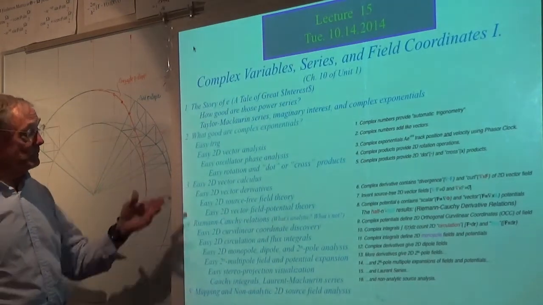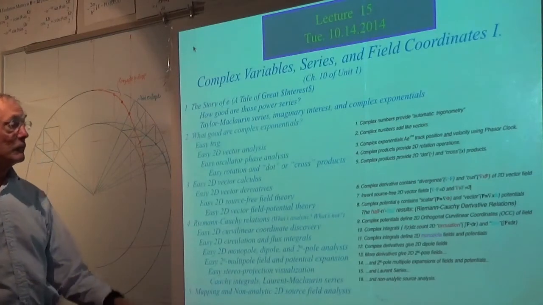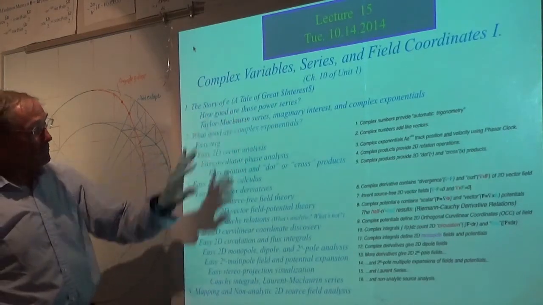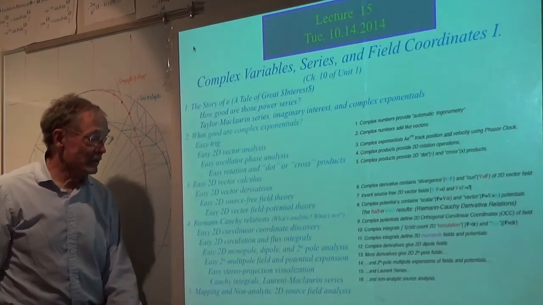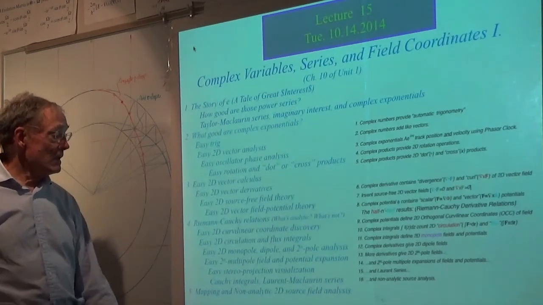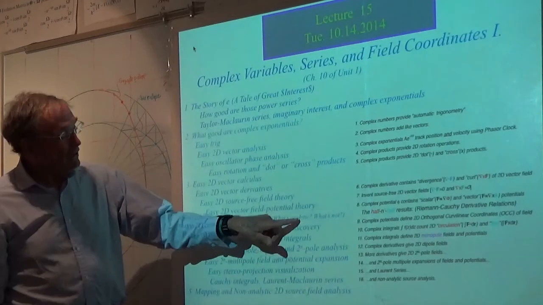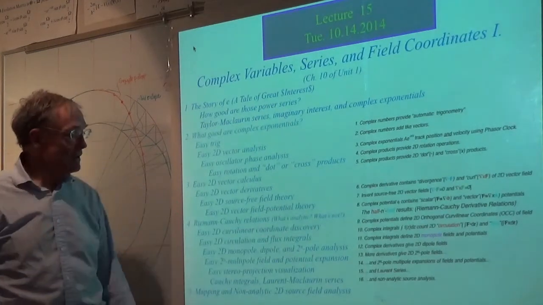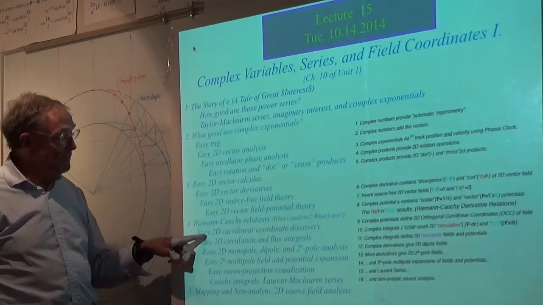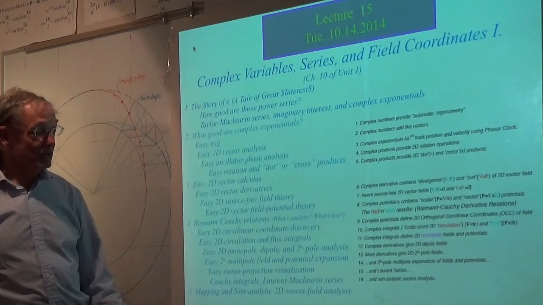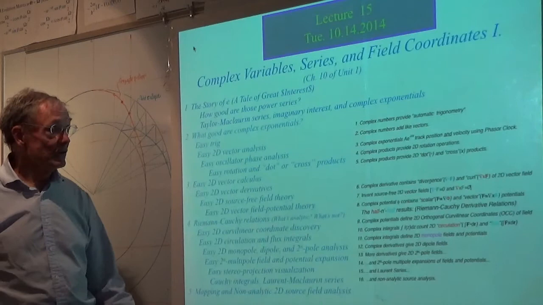That becomes easier if you know just the simple stuff about a complex exponential and its things, functions like that. What does analytic really mean? We'll see that. And I hope we get about this far in the lecture today, or possibly further.